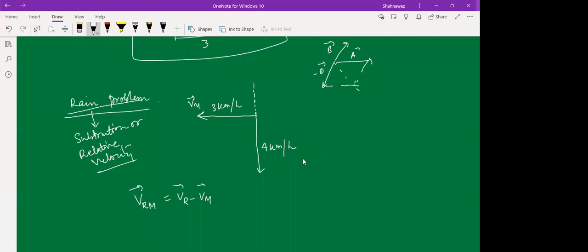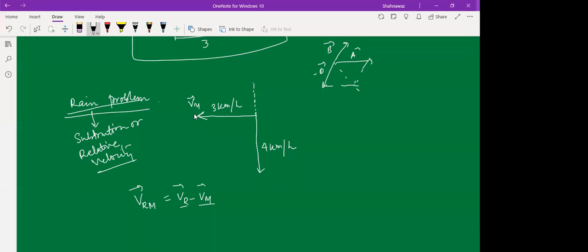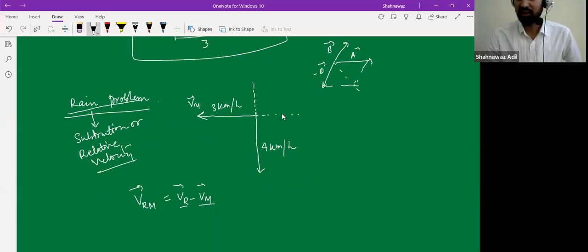Which part we will extend? Which velocity we will extend in the opposite direction? We want to calculate rain minus VM. So this will be extended in the opposite direction, right? So extend in this direction.